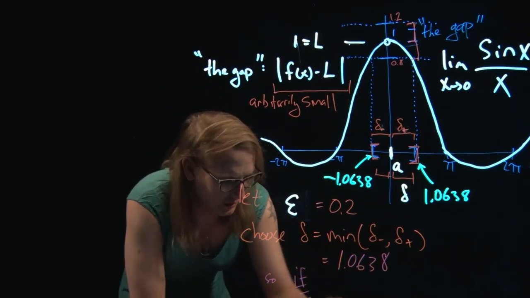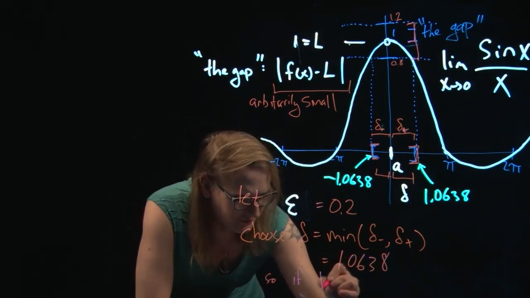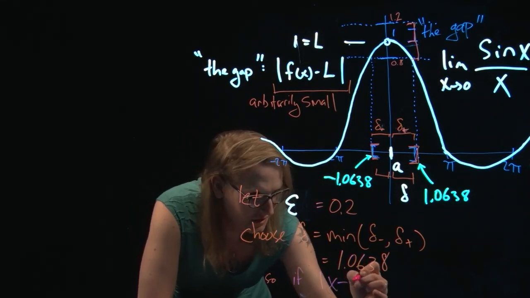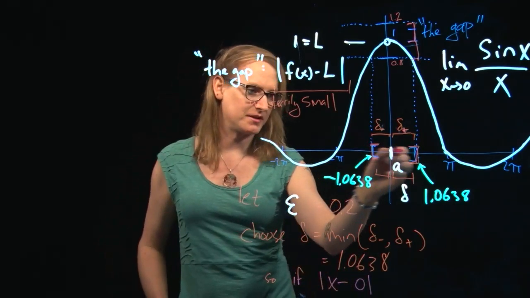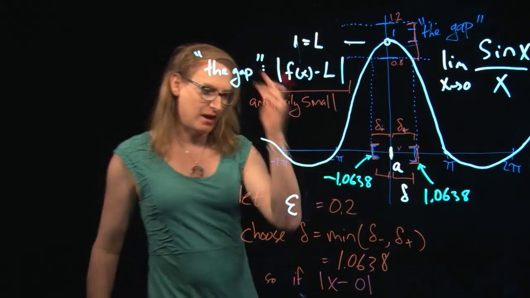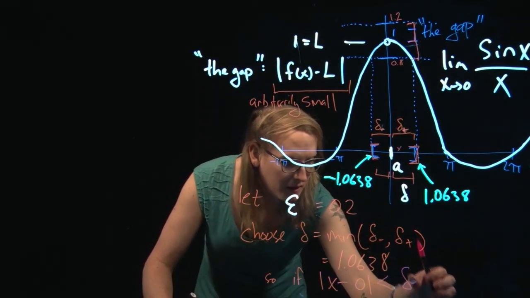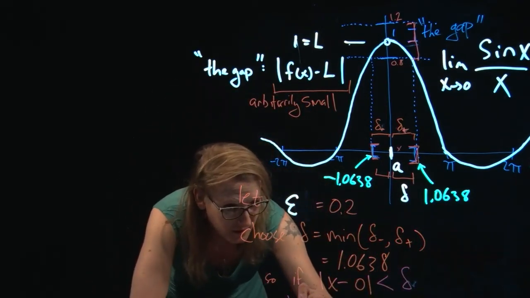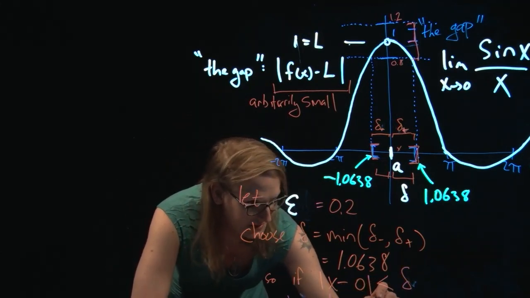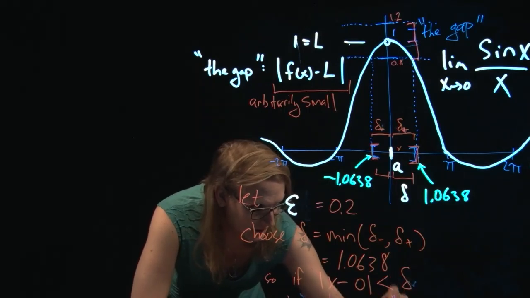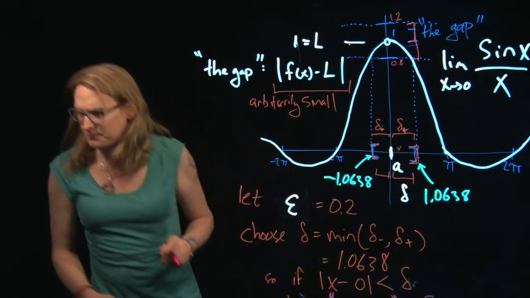Now, I don't know why I put those horizontal lines there. So if the absolute value between x and a, which is 0, so that's the distance your x is away from a, if x minus 0 is less than delta, then the absolute value of f of x minus L, which is 1, that's an absolute value sign, is less than epsilon.